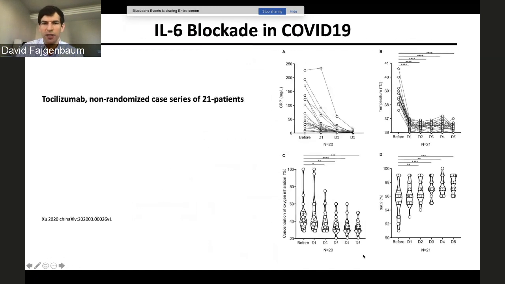So in this next slide, I want to highlight a couple of drugs in particular. This is a type of IL-6 blocker that I mentioned earlier, and that's tocilizumab. Tocilizumab blocks the IL-6 receptor. It was developed by Kazuo Yoshizaki, which I'll share a bit about later on. Based on the observation that IL-6 is quite elevated in COVID-19, a group in China decided to give tocilizumab to 21 patients.